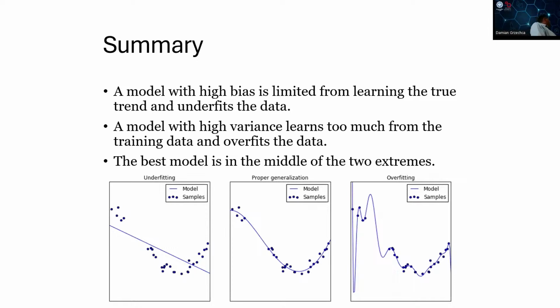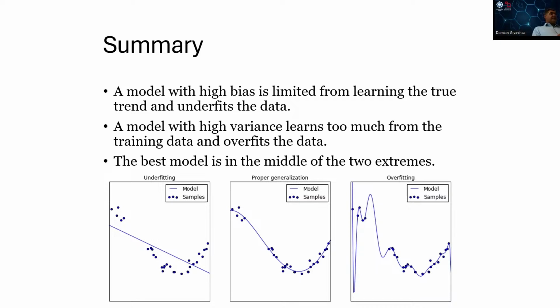So to conclude, under and overfitting: a model with high bias is limited from learning the true trend and underfits the data. A model with high variance learns too much from the training data and overfits the data.